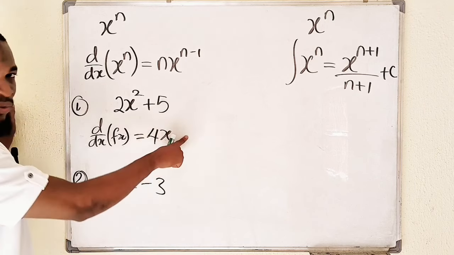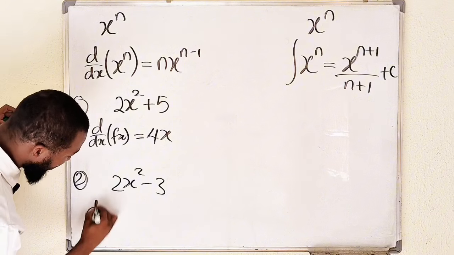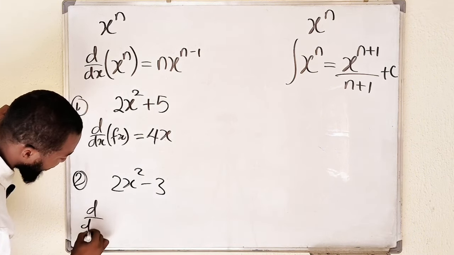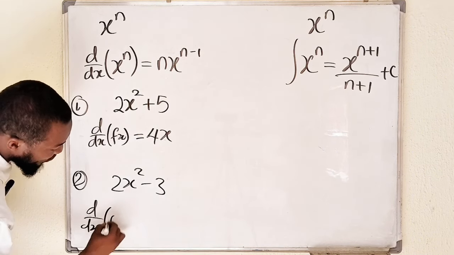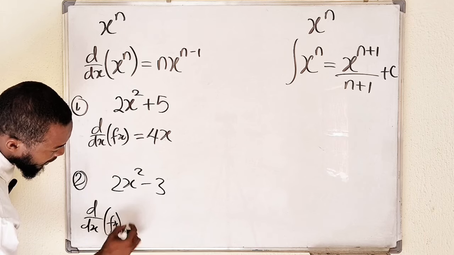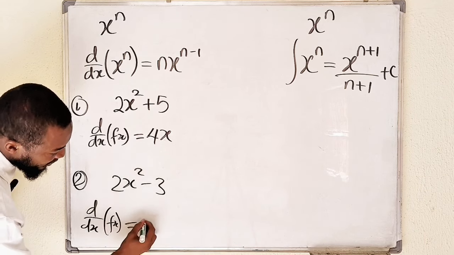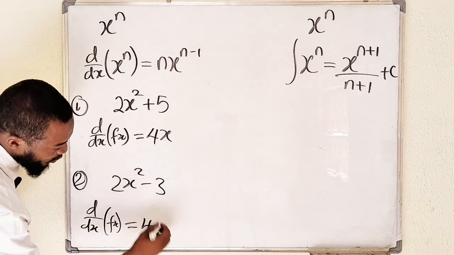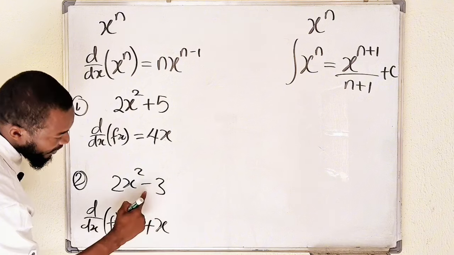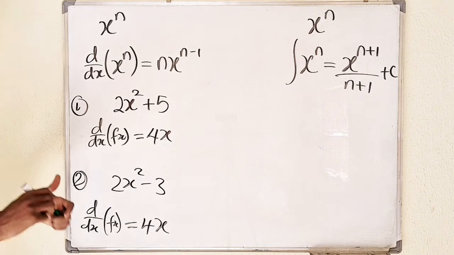Derivative of constant is 0. If you do the same thing here, d over dx of that function will give us 2 times 2 is 4. 2 minus 1 is 1, so this is just x.